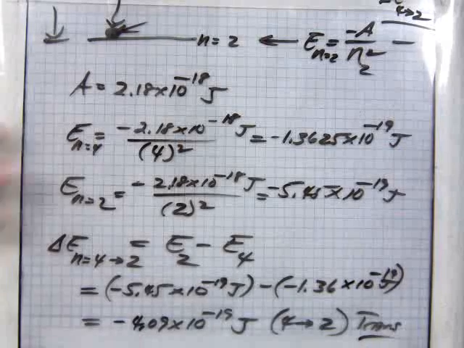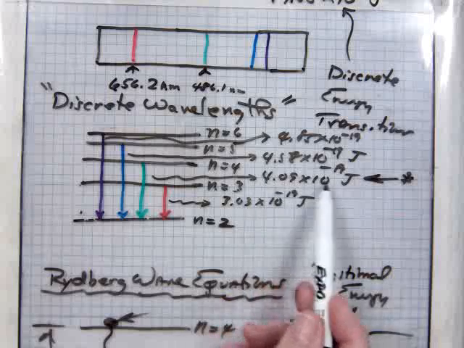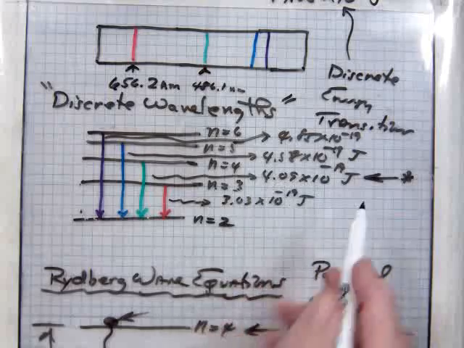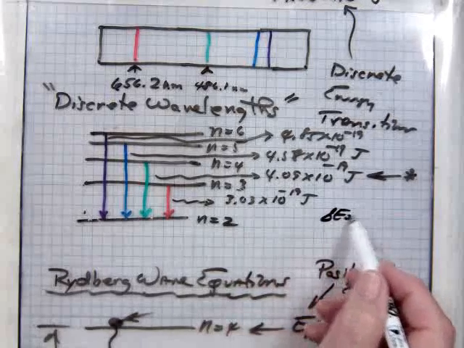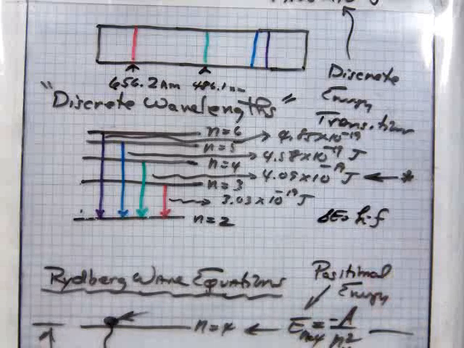Okay, so what was this calculated from? Well, we calculated this energy number using delta E equals hf. That's the wave equation.